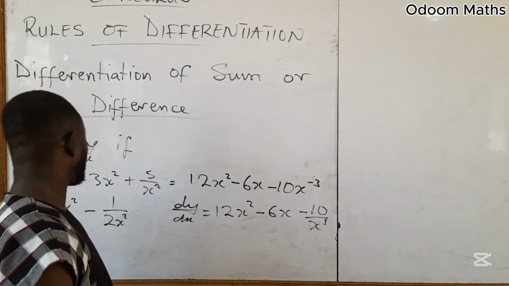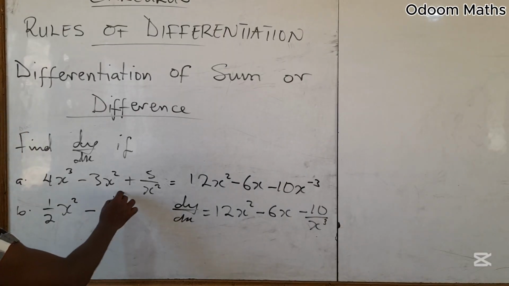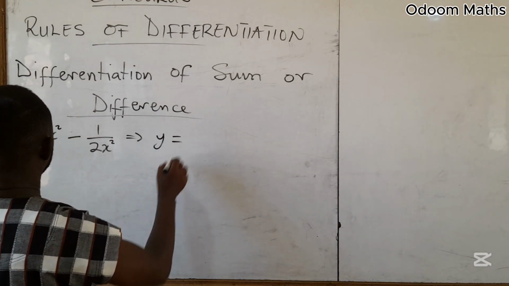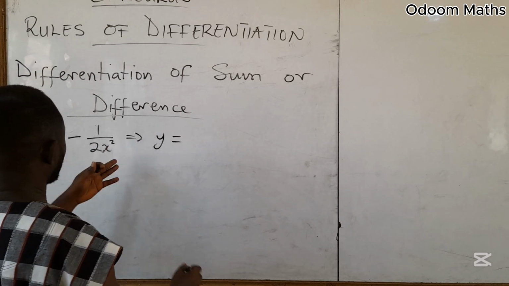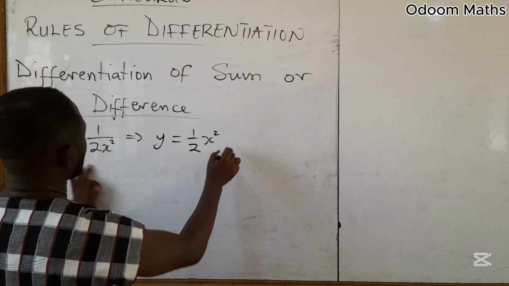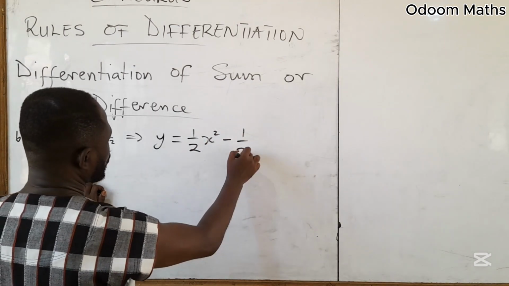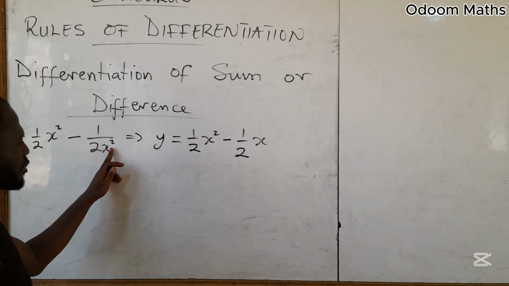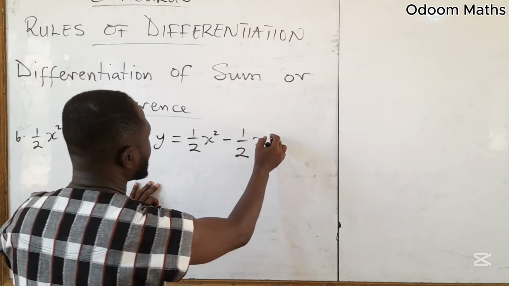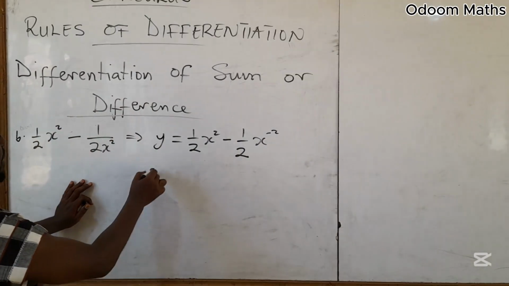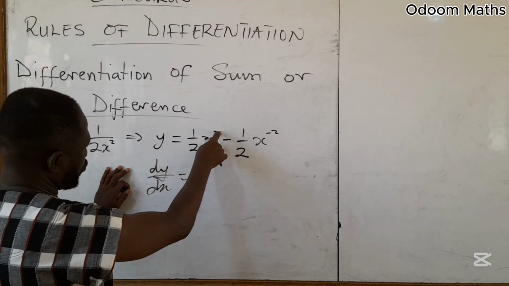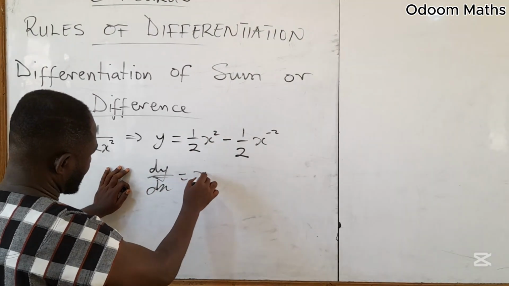Now let's look at the second one. We are letting y be equal to the function given. So 1 over 2 x to the power 2 minus 1 over 2, and this time x squared is a denominator, so I want to write it in this form. That is going to be negative 2 here. So my dy dx becomes 2 times half is 1, so that is x.